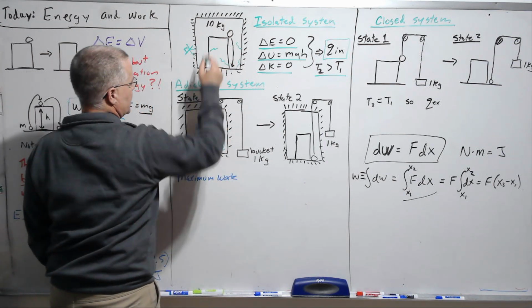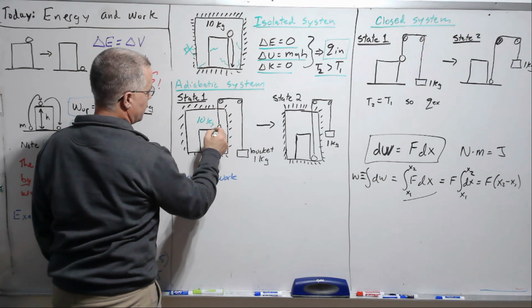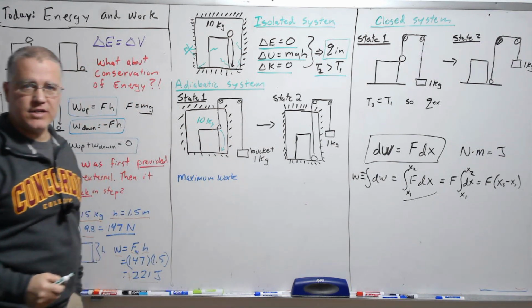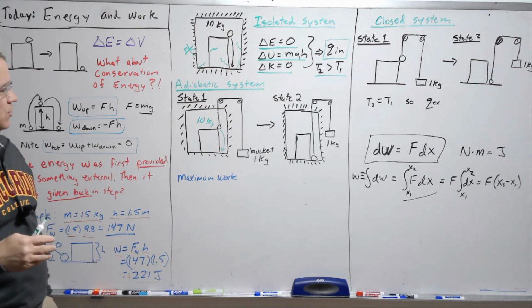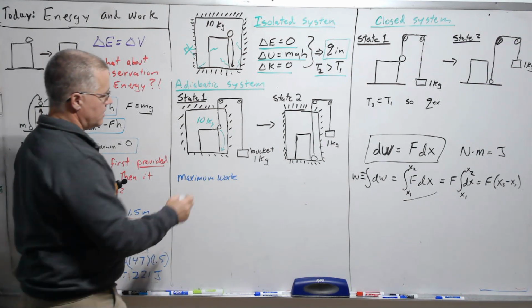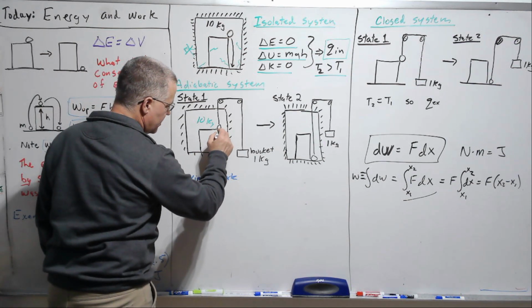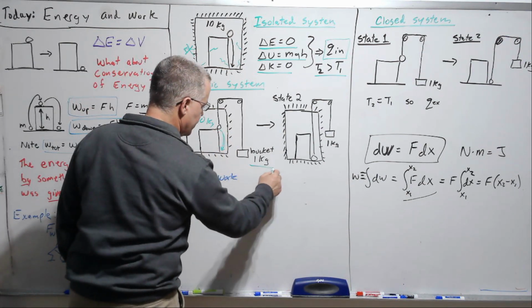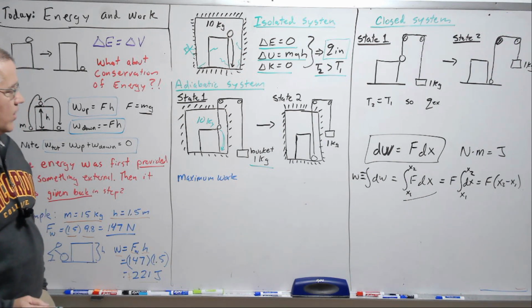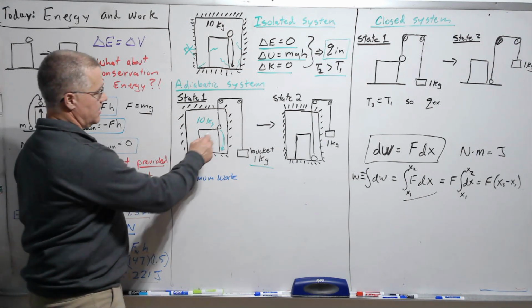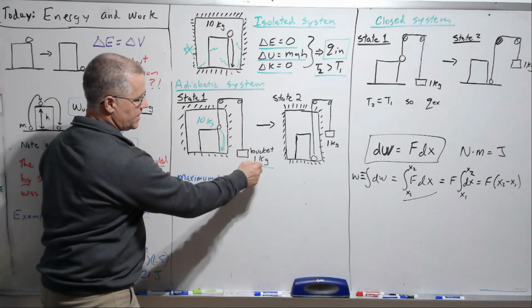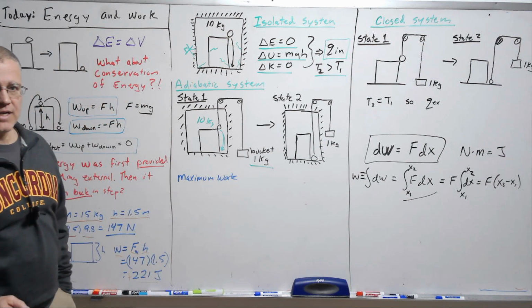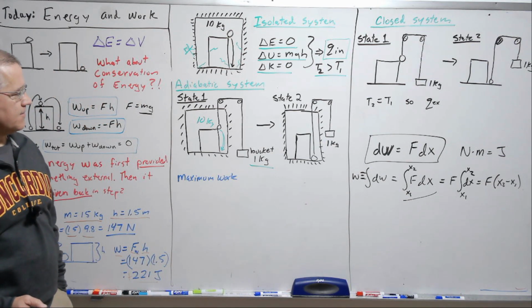If we still have our 10-kilogram ball here, let's think about spontaneity. This is just teetering here. This will fall spontaneously if the bucket weighs less than the mass. Let's take the example of 1 kilogram in the bucket.